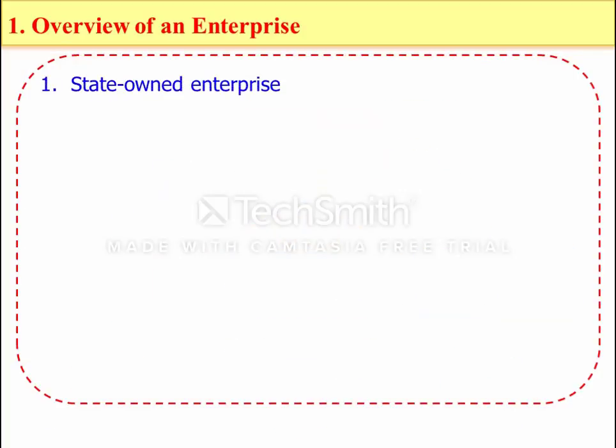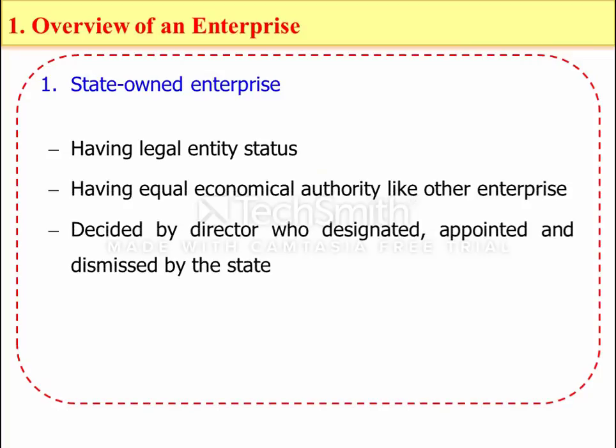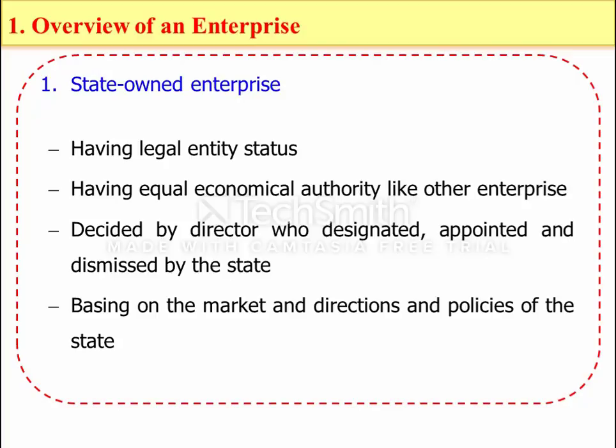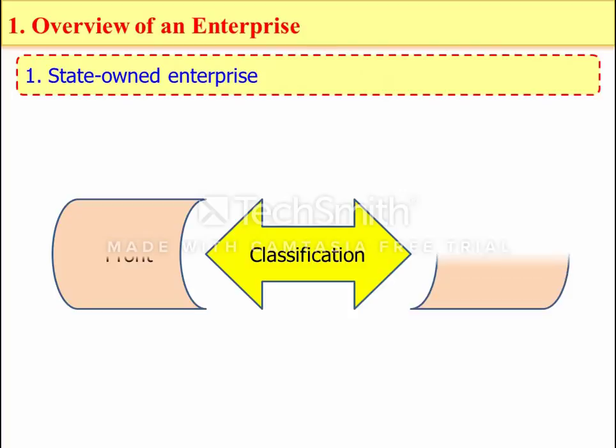A state-owned enterprise has legal entity status and equal economic authority like other enterprises. It is also run by a director designated, appointed, and dismissed by the state, and is based on the market and the direction and policy of the state. The classification of state-owned enterprise includes two: profit and non-profit.